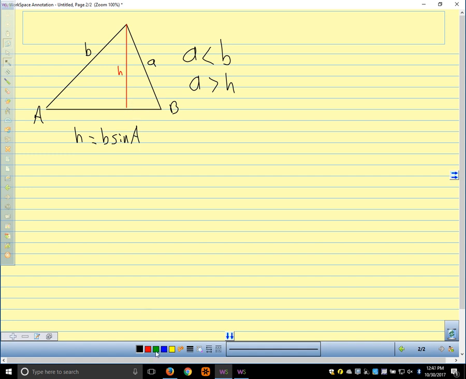What can happen here, the reason we call it the ambiguous case, is I could swing that side around on this pivot point, and I can connect a side here that is also length A. In this case, we get two triangles.